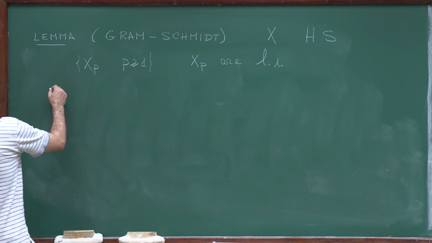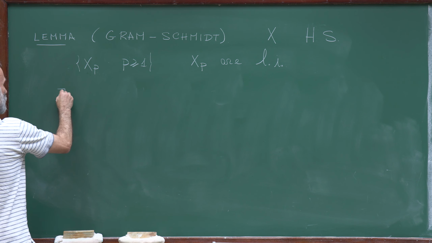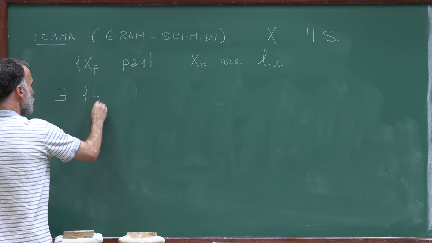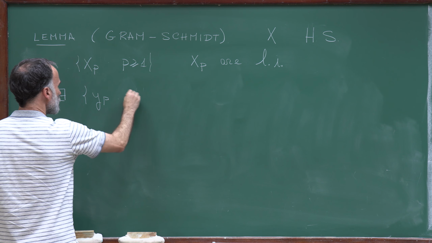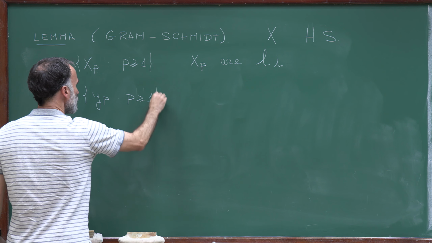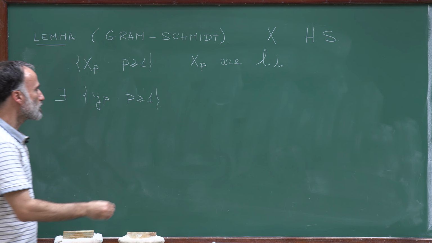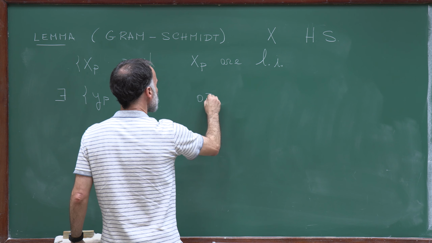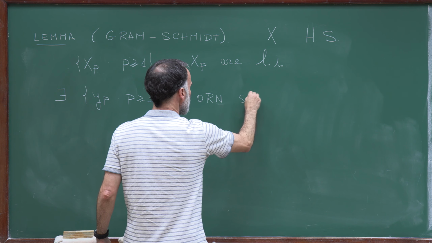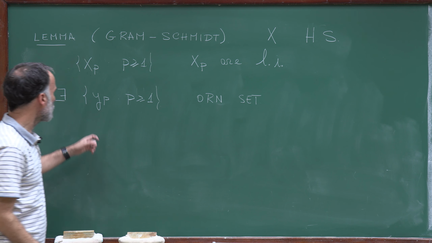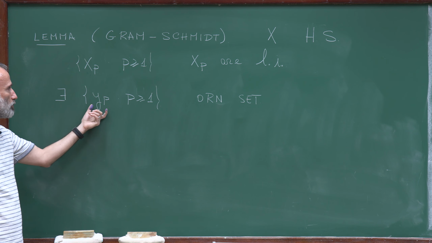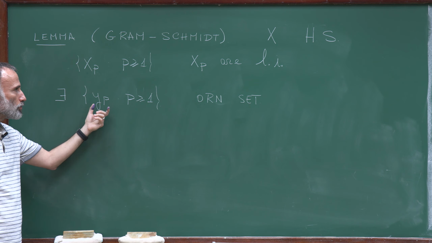And then what I claim is that there exists another family y_p. And this one, it's an orthonormal set. So all elements of this set have norm equal to 1, and they are orthogonal to each other.